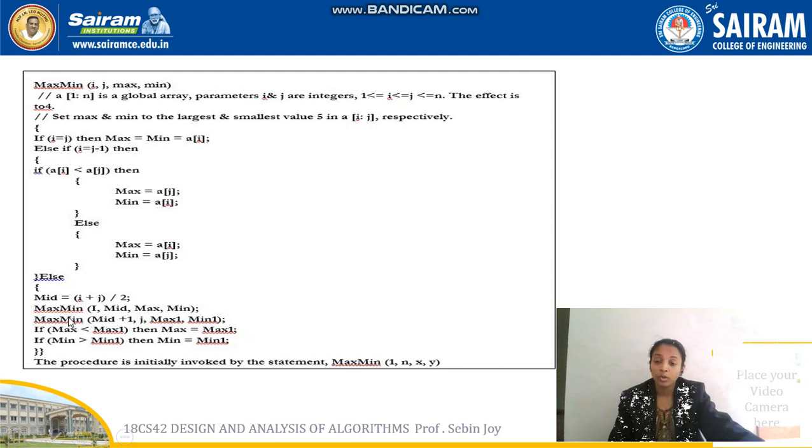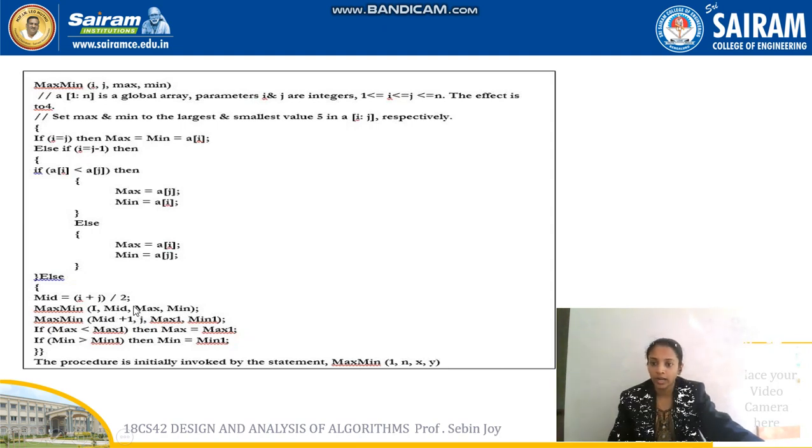If it has more than two elements, we have to find the mid value. Then we apply the same max min on the left half and the same max min on the right half. You can see here, this is i to mid and mid plus 1 to j.